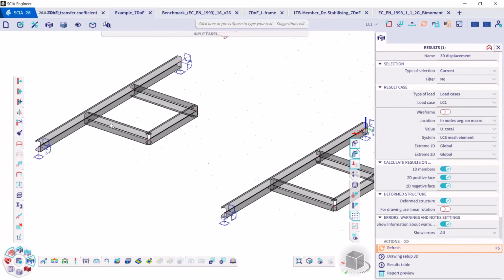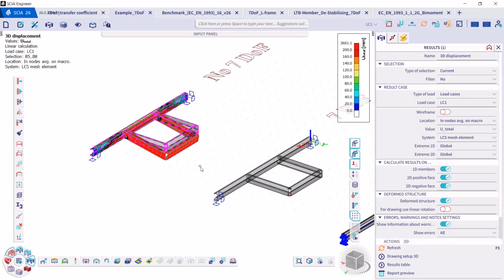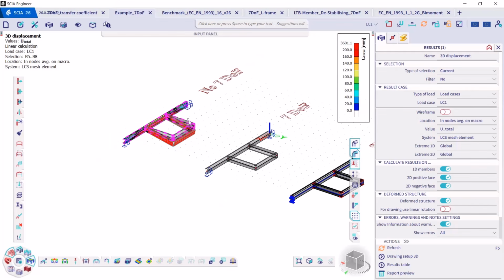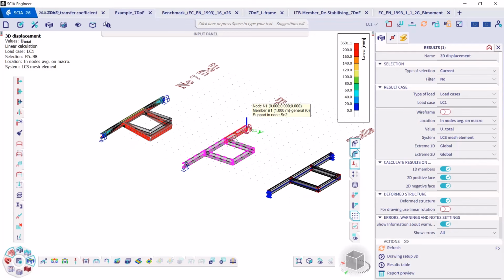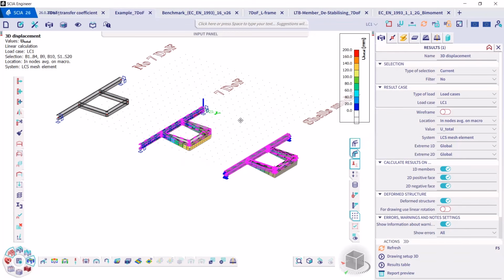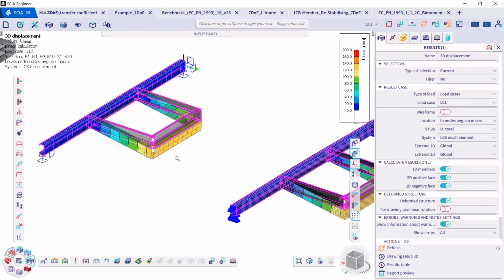So if we look at 3D deformations, let's say for the example without 7-degree of freedom, you see 2,600 millimeters of deflection. And now if you look at the 1D model with 7-degree of freedom or the 2D shell, you see that the displacement is very close.